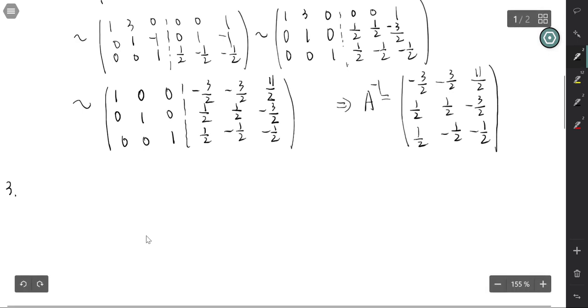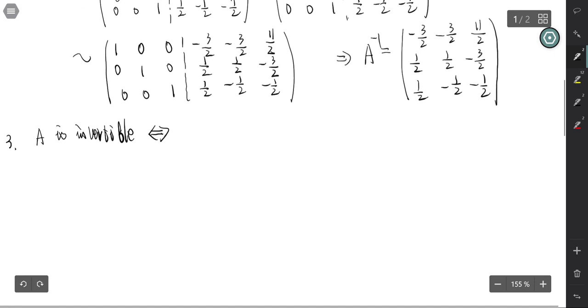The second problem is related to when a matrix is invertible. A is invertible is equivalent to some conditions. That's equivalent to the first one.